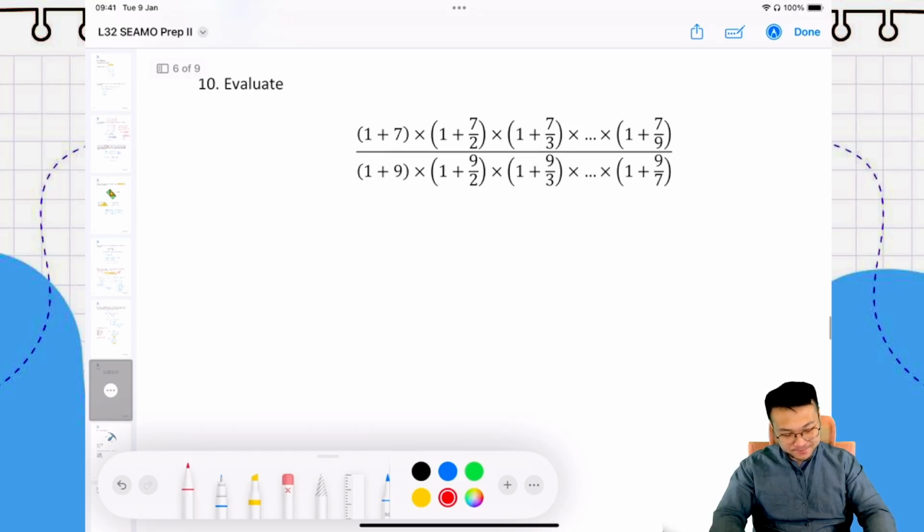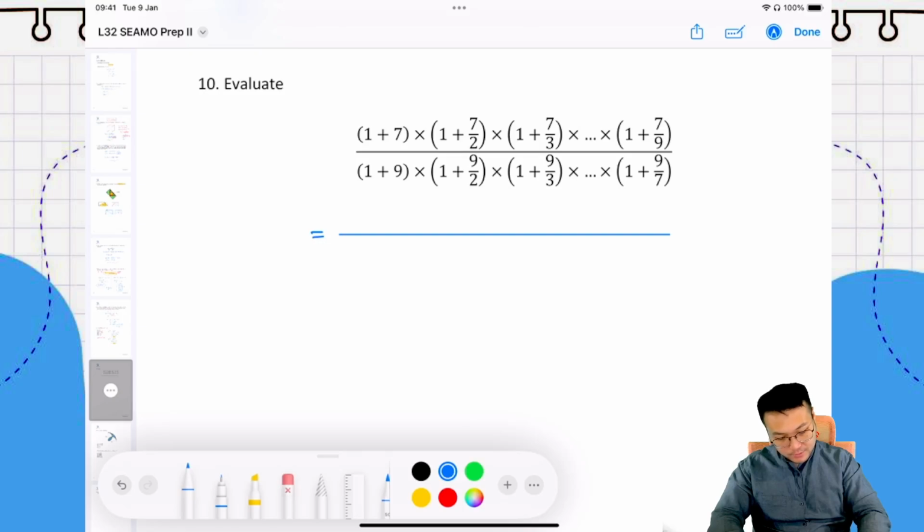Students, if you just convert everything into improper fractions, like 1 plus 7 is 8. 1 plus 7 over 2 is 9 over 2. 1 plus 7 over 3 is 10 over 3. It continues in this pattern all the way until you reach the last one, 1 plus 7 over 9, which is 16 over 9.